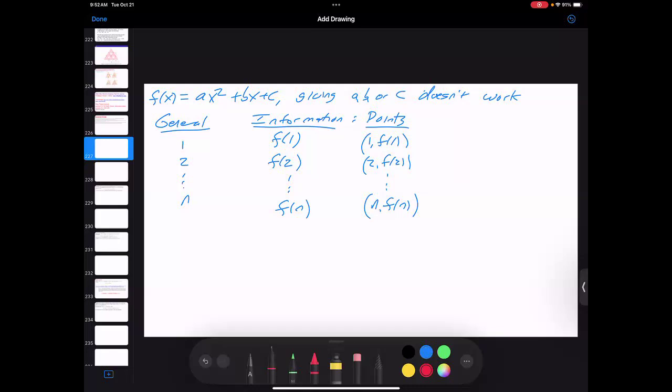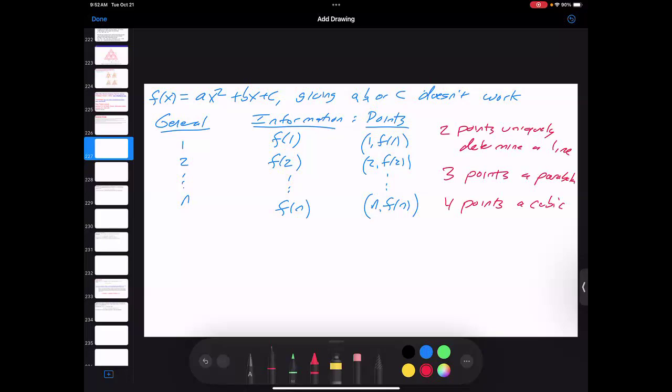Unless you're in marketing, and 1 point determines a line. You just need to know what your boss wants to say. So 2 points uniquely determine a line. Three points, a parabola. 4 points, a cubic.